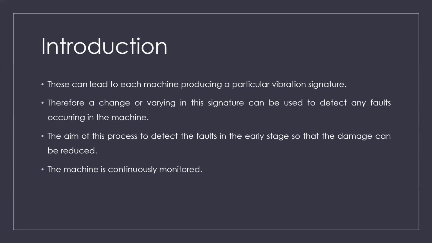The aim of the process is to detect the faults at an early stage so that the damage can be reduced. The machine in this process is continuously monitored throughout its working.